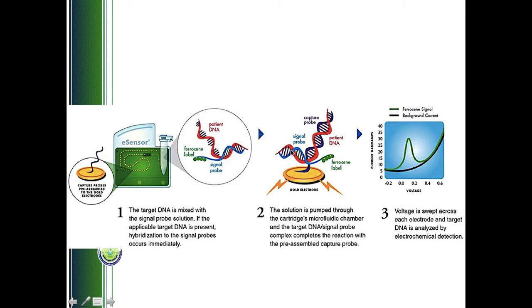Now what is the probe? Interestingly, the probe here is not a fluorescent dye. Rather, it's an organic compound known as ferrocene. Now ferrocene has a conductivity property, and if it is bound with the electrode, then there will be more electrode current. If it is not bound with the electrode, then there will be less current.